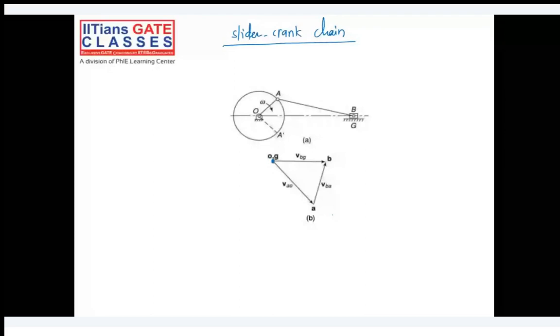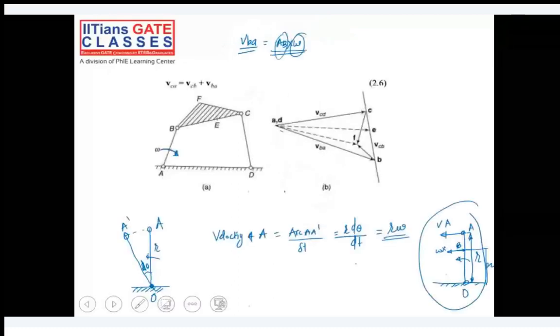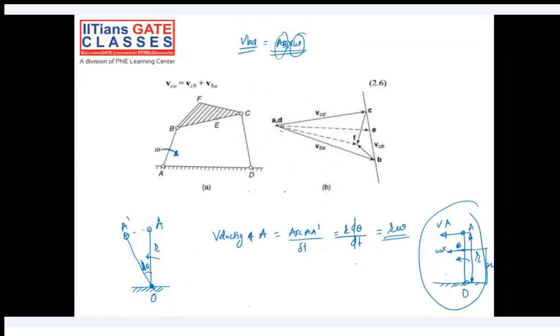To capture that, we have drawn these perpendicular lines again. CF is a line which is perpendicular to FC. This vector is perpendicular to BF.